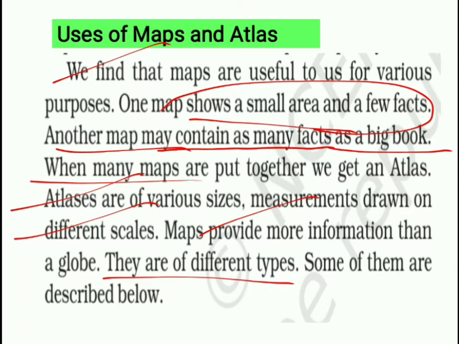In a map we can get various information because we have chosen a small area in the particular map, for example a subcontinent, a district, a state or a country and so on. So these maps give accurate messages or facts.